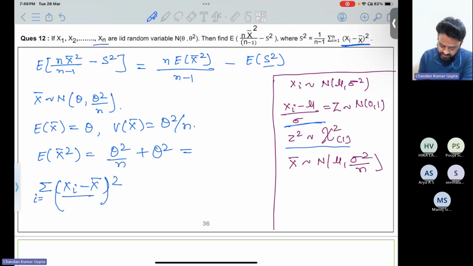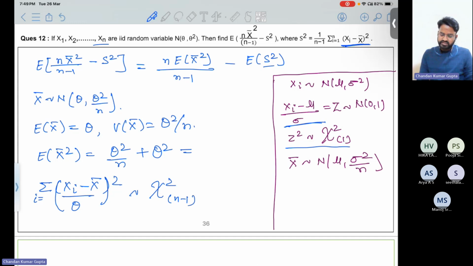Here it is actually theta, not sigma. So xi minus x bar upon theta follows chi square with n minus 1 degrees of freedom. If it is mu, then it is n degrees of freedom.